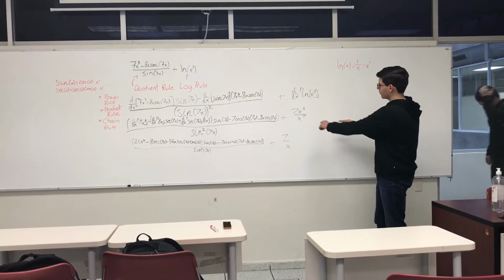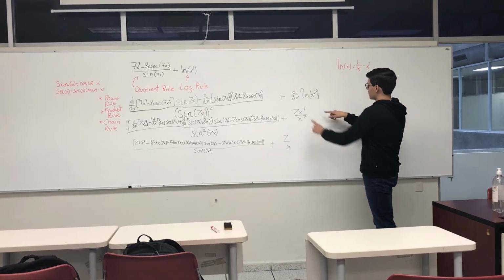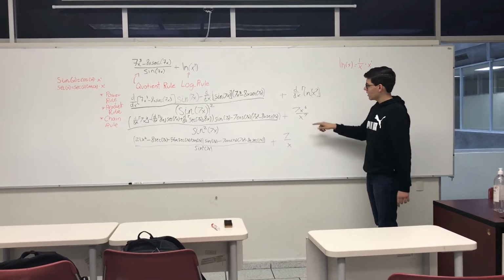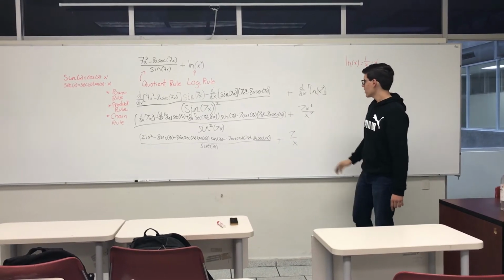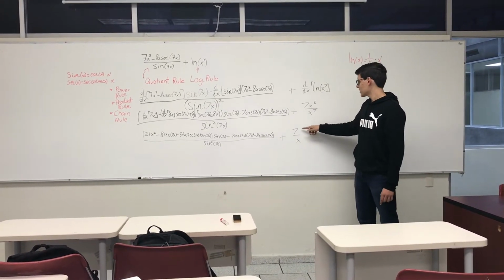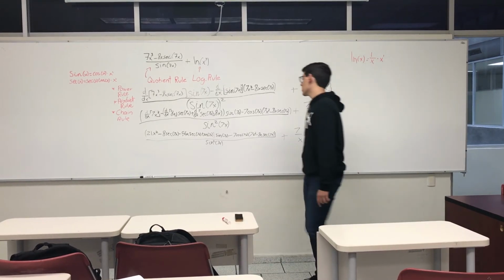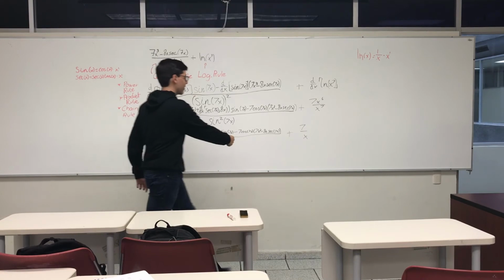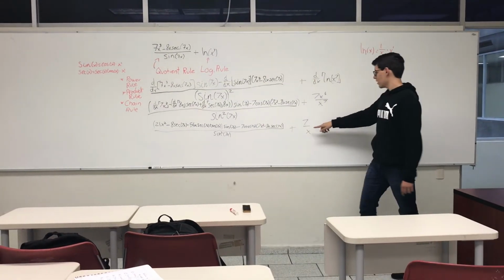So when we multiply 1 times 7x to the 6th power, it will come to this. And we are going to simplify the problem, and finally we'll have the answer 7 over x. So our answer will be the last part my partners explained, and this part.